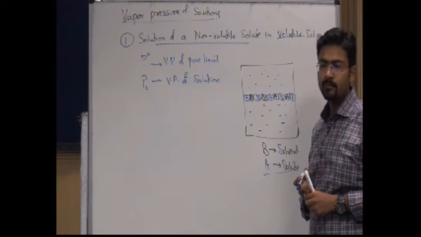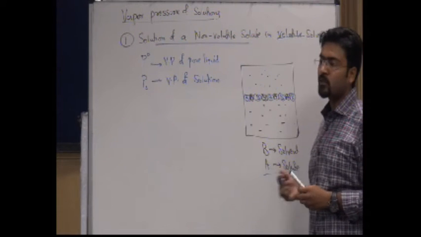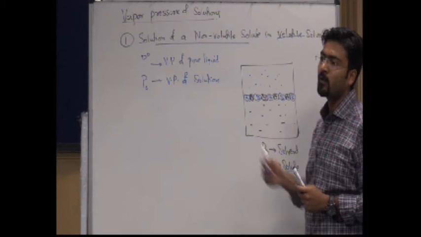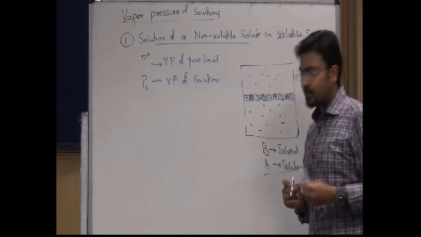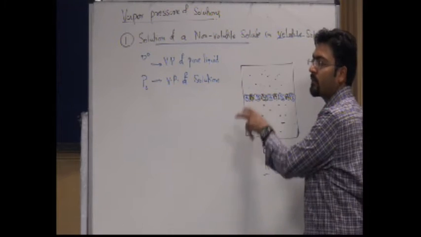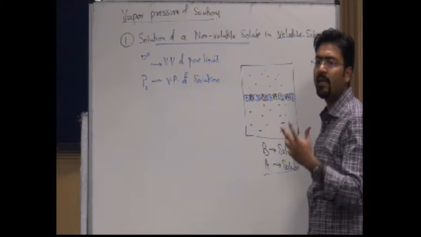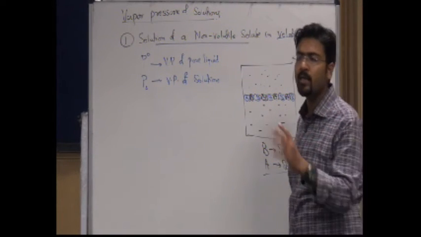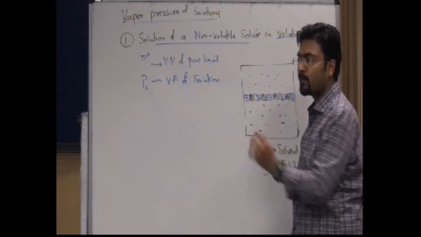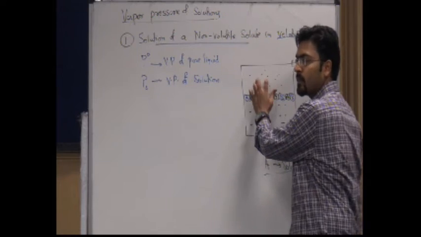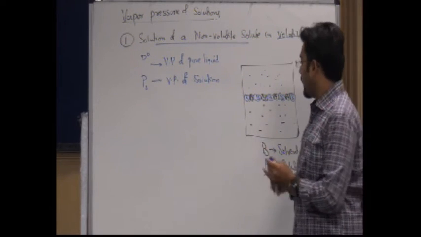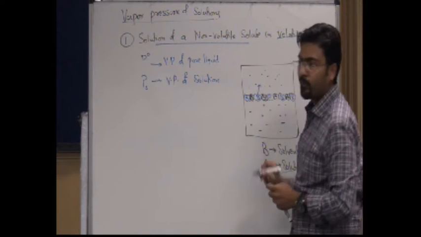So there are two aspects to it, why exactly A affects the vapor pressure of this liquid B. The one is that it decreases the number of solvent molecules per unit surface area, which means it has decreased the concentration or density of B present on the surface, which will impact the rate of evaporation and thereby will impact the vapor pressure, right? This is one way. The second way is that, for example, B wants to go to the vapor phase.